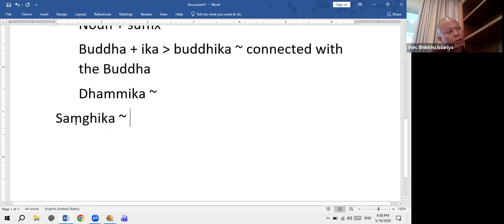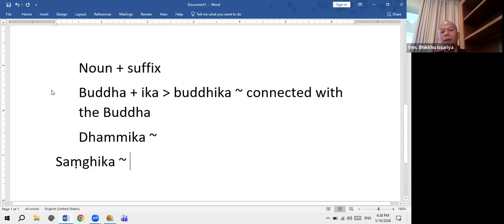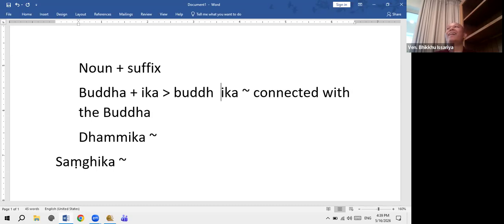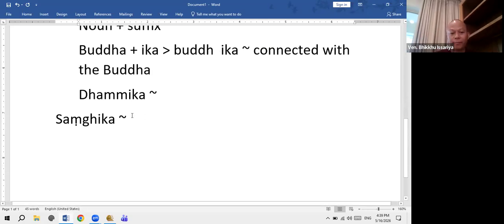So now, when we add the suffix Ika to Buddha, in the word Bodhika, what happened, you see? One feature while forming the word: the ending vowel is dropped.